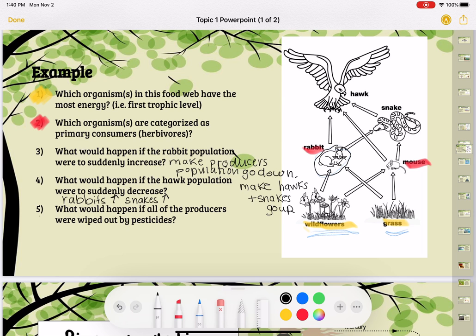And then what would happen if all the producers were wiped out by pesticides? So what happens if we had no wildflowers and grass? Well, like I told you before, if we don't have any producers, we don't have any ecosystem. So there would be no energy in the food web, and the species would die.